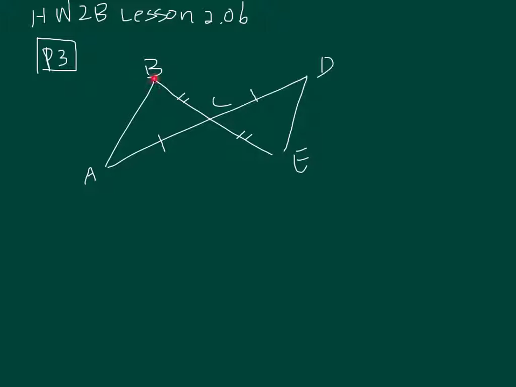And also segment BC is congruent to segment EC because of definition of midpoints. And also it says angle BCA, which is right there, this angle, is congruent to angle ECD. Why? So that's the question.